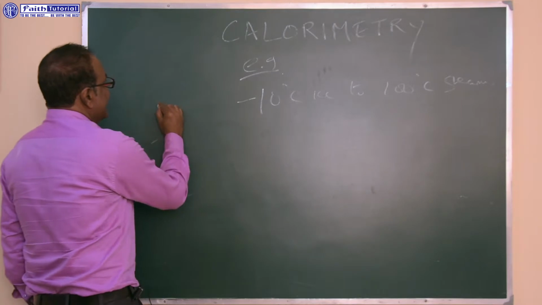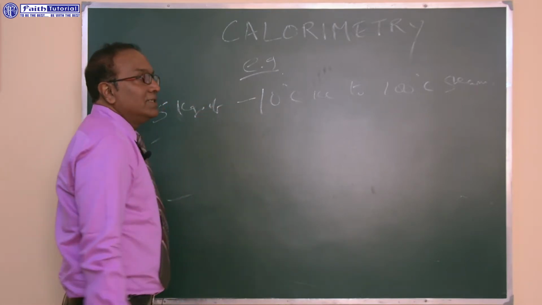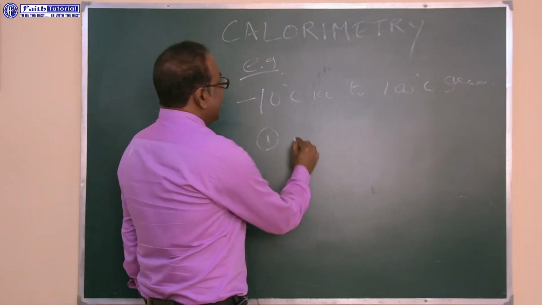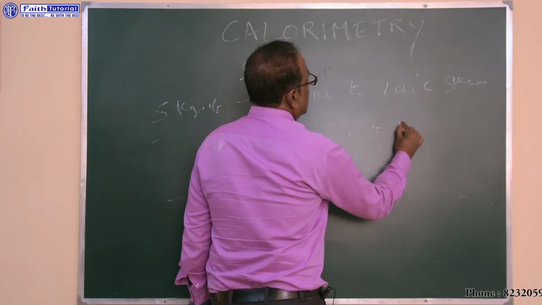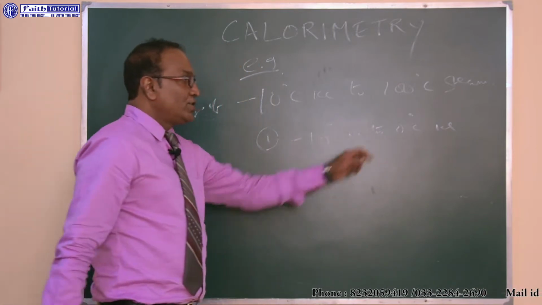Supposing 5 kgs of minus 10 degree centigrade ice. In the first step, the minus 10 degree centigrade ice will convert to 0 degree centigrade ice. There is a change in temperature.